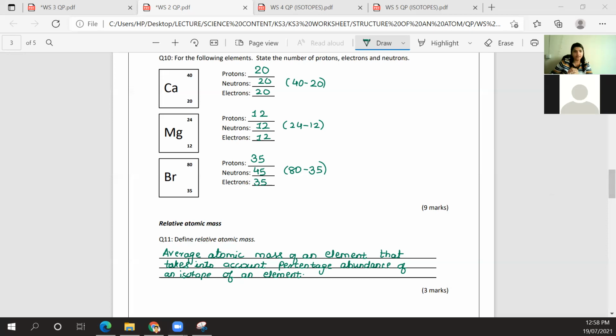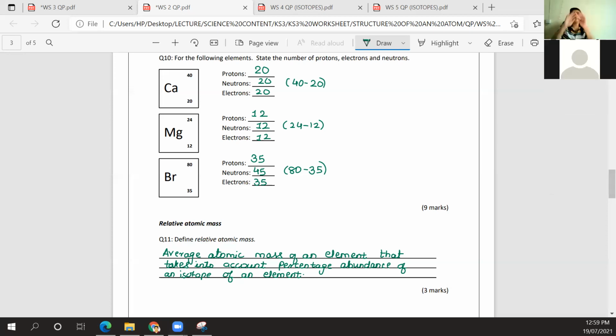I repeat once again: if I give you a balloon which is filled with chlorine, and it has, let's say, 100 molecules of chlorine, some molecules will have an atomic mass of 35, some will have 36, some will have 37.